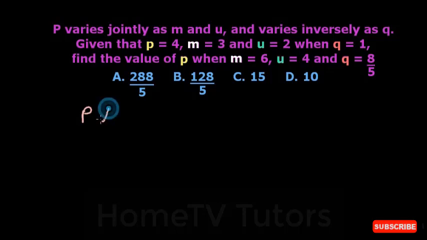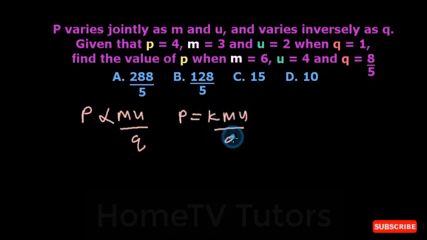P varies jointly as M and U and inversely as Q. Okay? So we can say P equals constant MU over Q. Then constant equals PQ over MU.